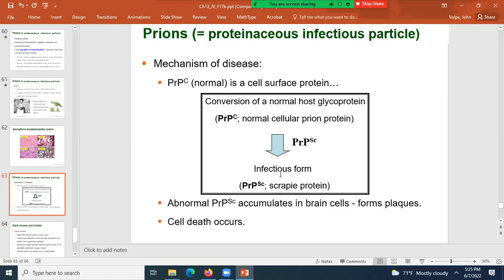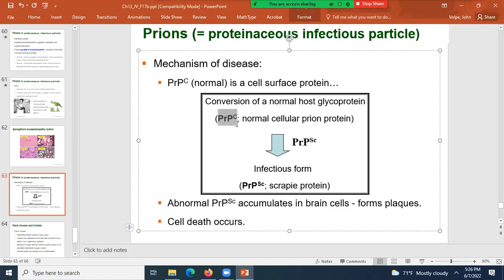Now, the nerve cell realizes there's not enough of the normal PrPC protein, so the nerve cell makes more of this protein. The trouble is this cell now has two prion proteins, and either one of these can come up to the new protein and convert it to the prion protein.